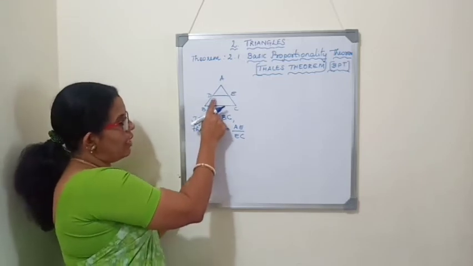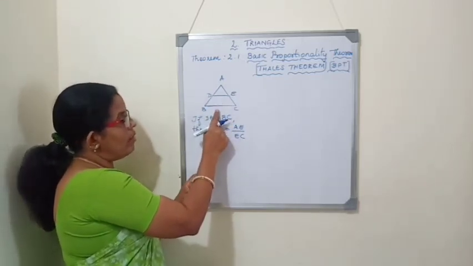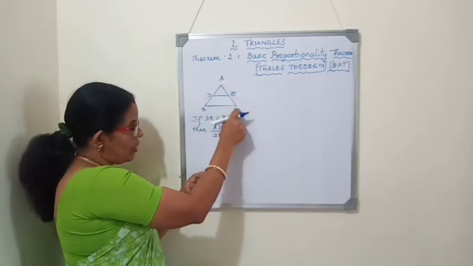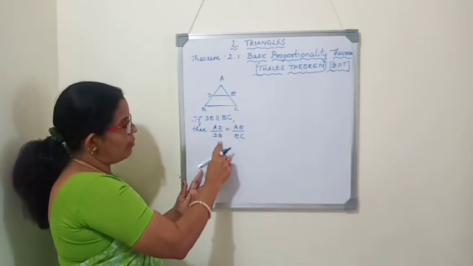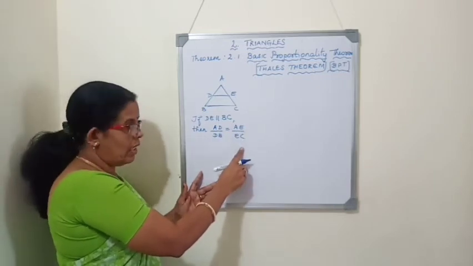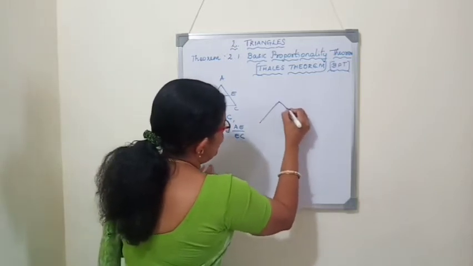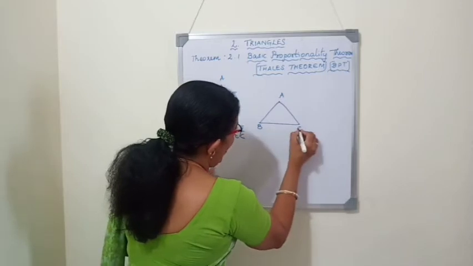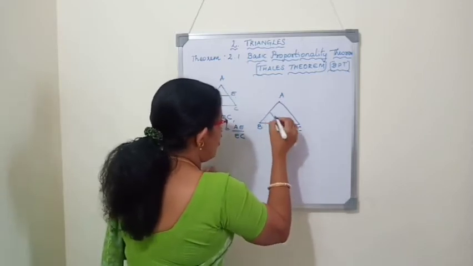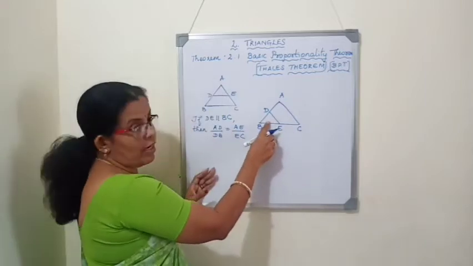So if DE is drawn parallel to BC, then the line will divide the other two sides AB and AC in the ratio, that is AD by DB is equal to AE by EC. So I will draw another diagram and show you. Consider this triangle ABC and a line DE drawn here. Now this line is parallel to which side?